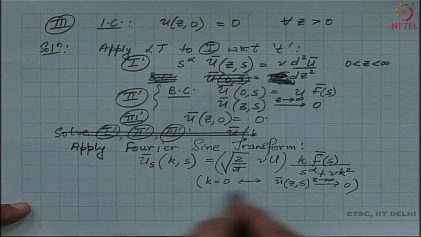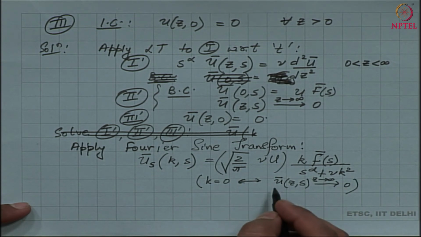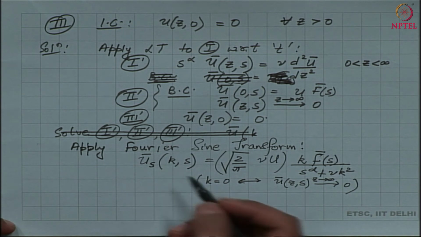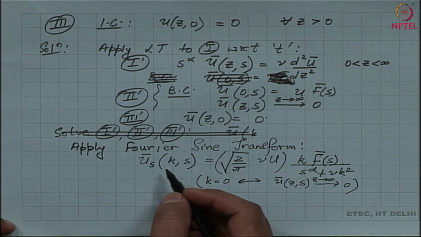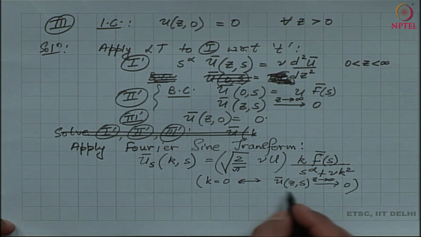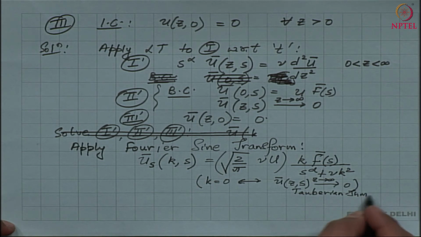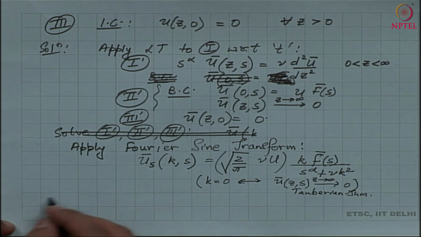So, that is equivalent to our Tauberian theorem for the Fourier case. Then the next step is to apply the Fourier inverse transform. So, this was using our Tauberian theorem.